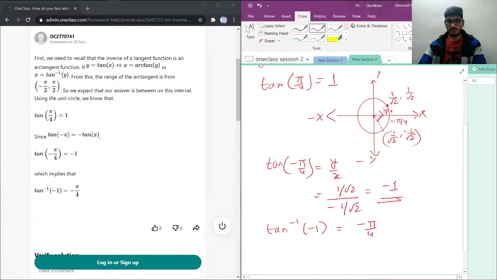If we want, we can take one more angle. At this point the coordinate will be negative of 1 over root 2, comma 1 over root 2, and this angle will be pi by 4 more, so this will be 3 pi by 4.